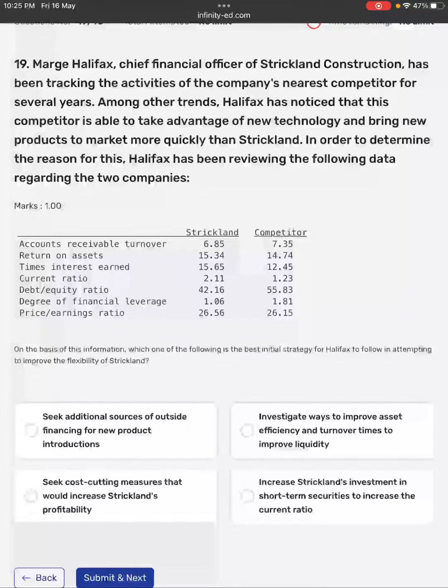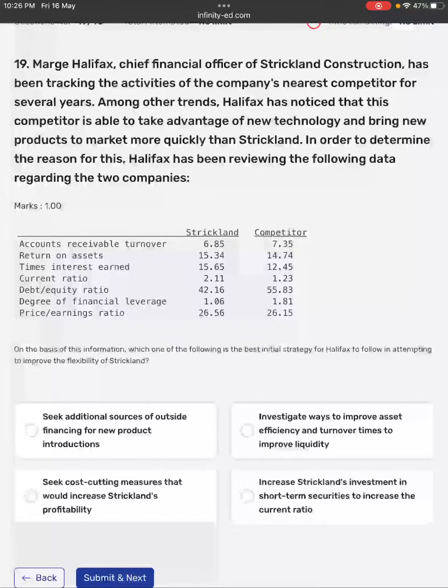Debt to equity ratio 42.16 and competitor 55.83. Degree of financial leverage 1.06 and competitor 1.81. Price earning ratio, P/E ratio, 26.56 and competitor 26.15.